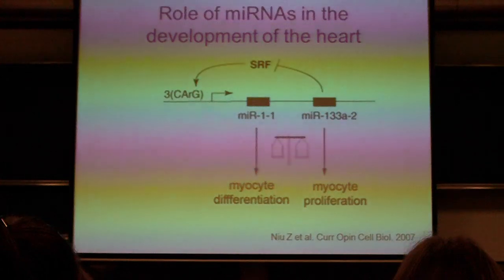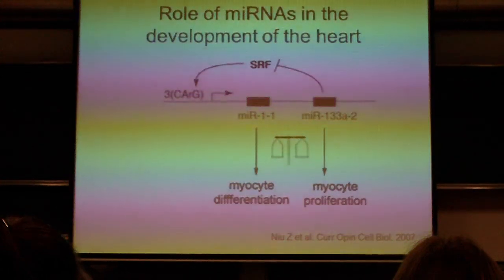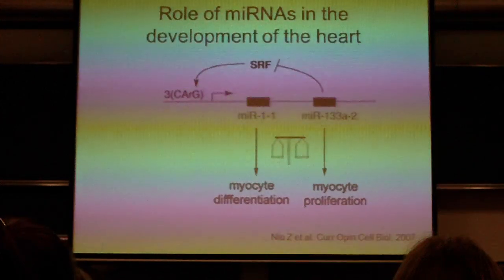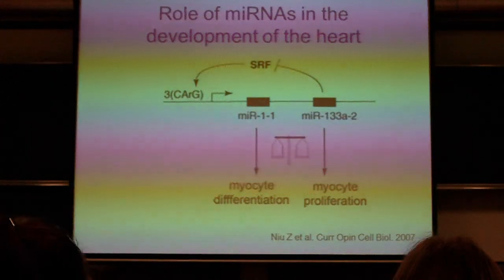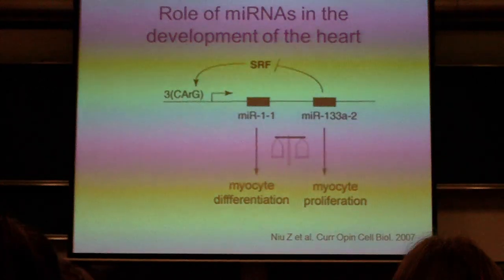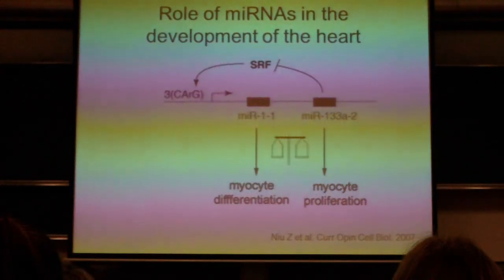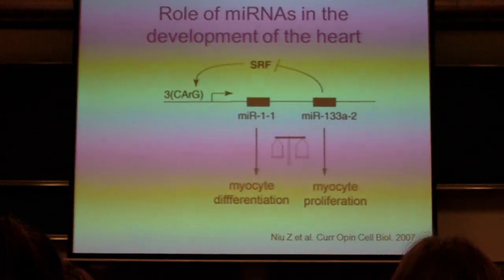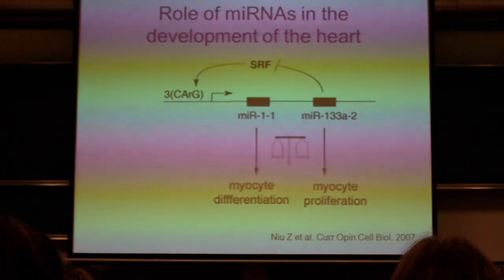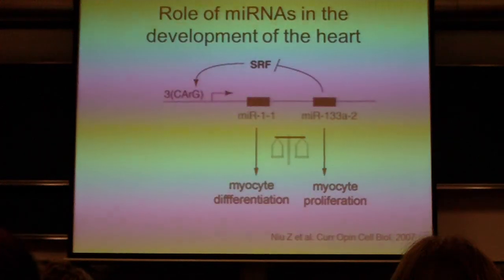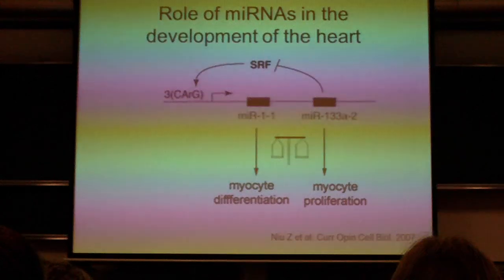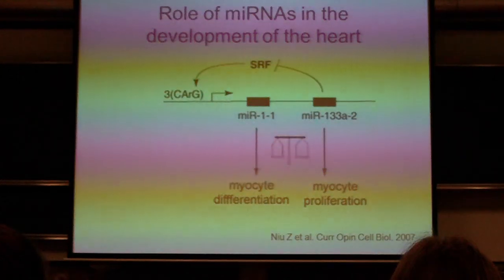We now also know that these patterns are regional, so they differ between regions. We don't exactly understand yet how the cell knows whether microRNA-1 or microRNA-133 should be prominent, but this is also the subject of current investigation. I wanted to show you this because it's a very good example of a negative feedback loop that is mediated by microRNAs, and it's quite simple.